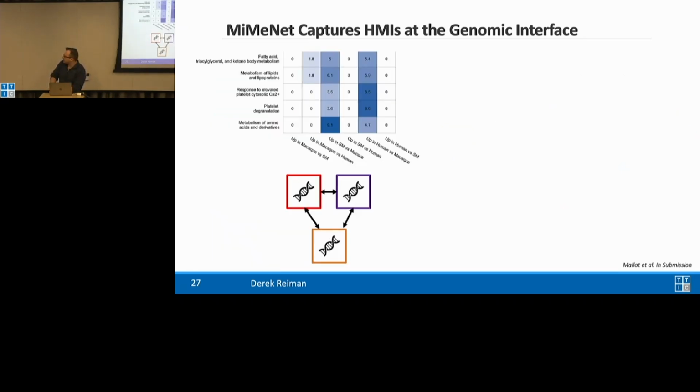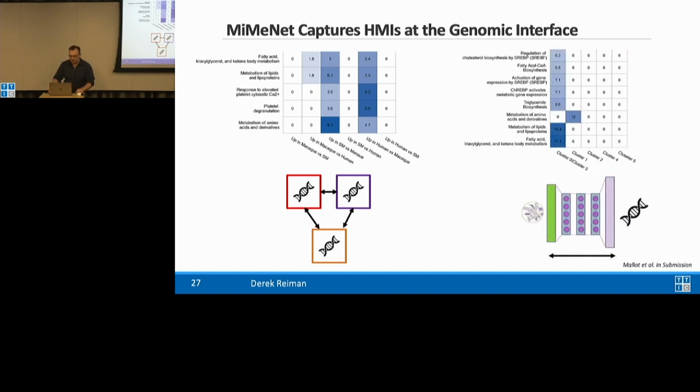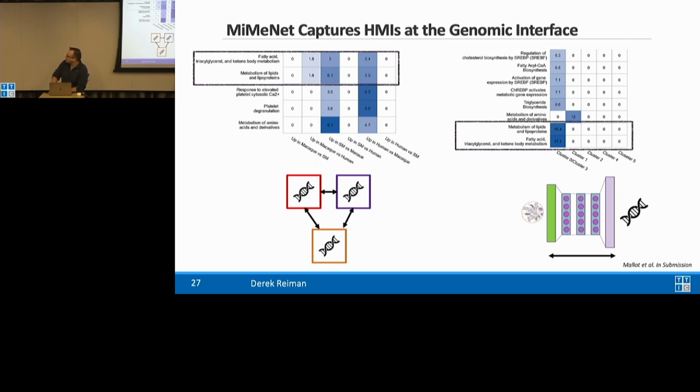A standard approach would be something like gene expression analysis, where you do some sort of differential expression analysis. We did that, and we found, comparing the squirrel monkey and human versus the macaque, very similar behavior in the gene expression. But we can also take the gut microbiome and look at the gene expression, and we notice very similar patterns, especially with clusters 0 and 3, focusing on the metabolism of lipids.